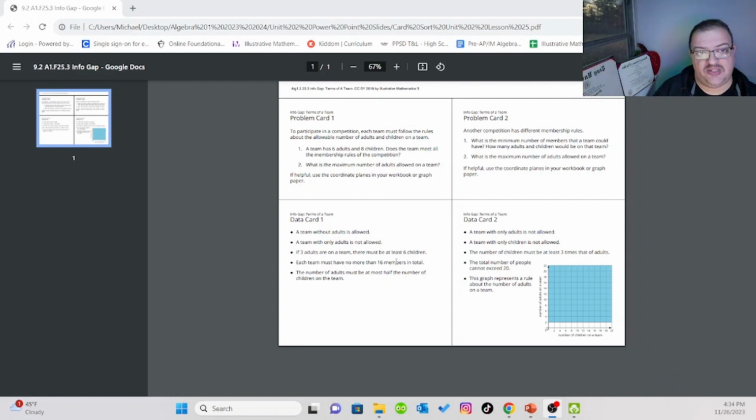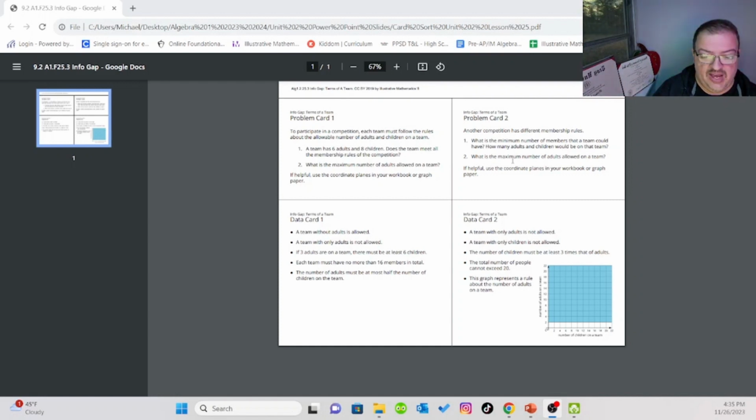A plus C is less than or equal to 16. The number of adults must be at most half the number of children on the team. So 2A is less than or equal to C.